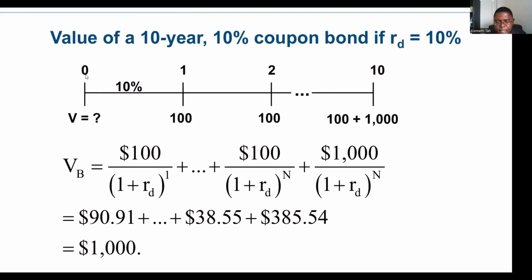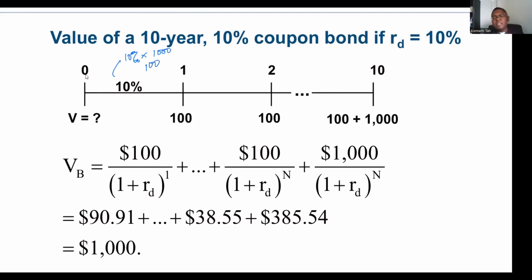So it is a 10% coupon, which means 10% of the par value, which is assumed to be 1,000. 10% of 1,000 is $100.